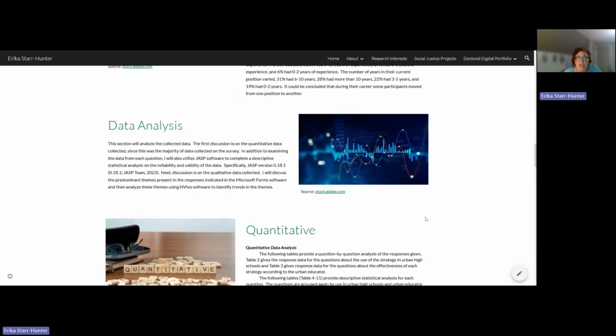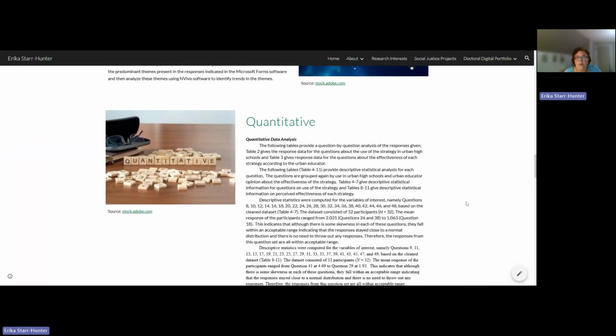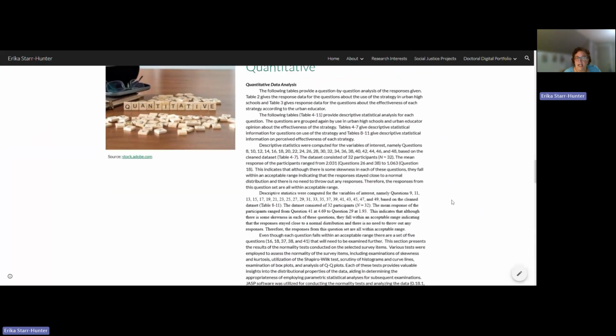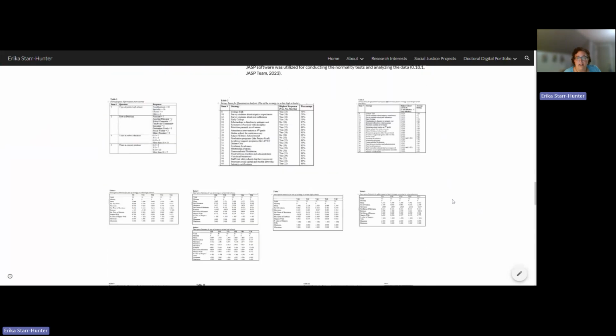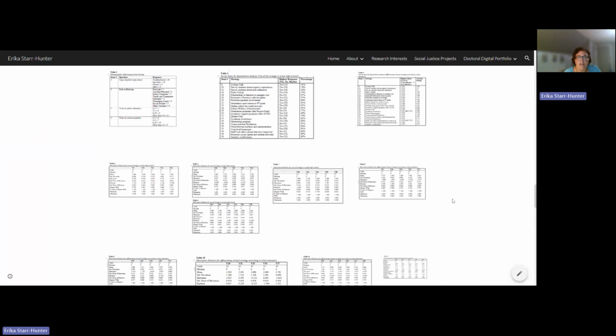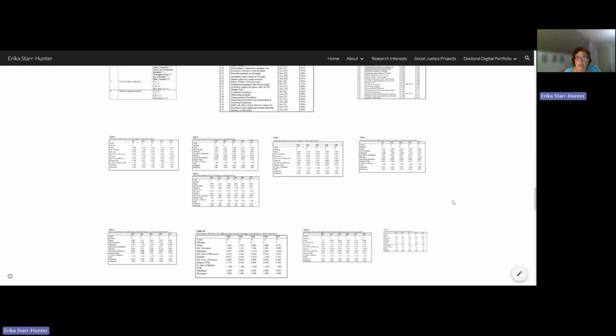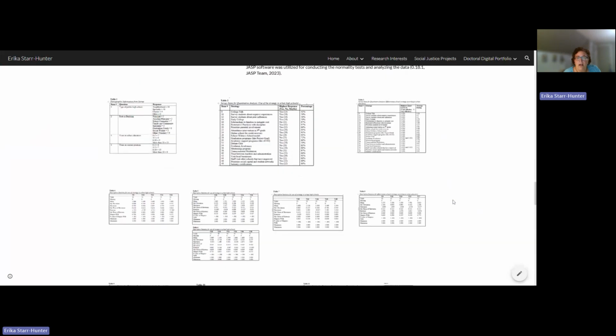So then I analyzed the data using JASP software and NVivo software. For the quantitative analysis, I used JASP, and here is a list of the different tables that I created.